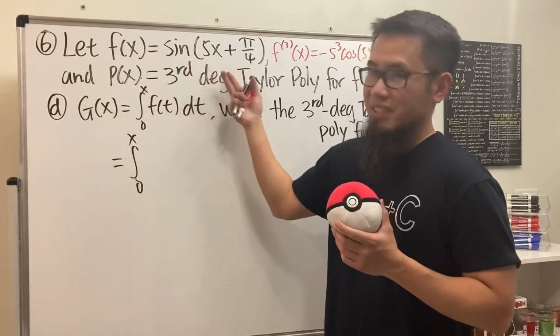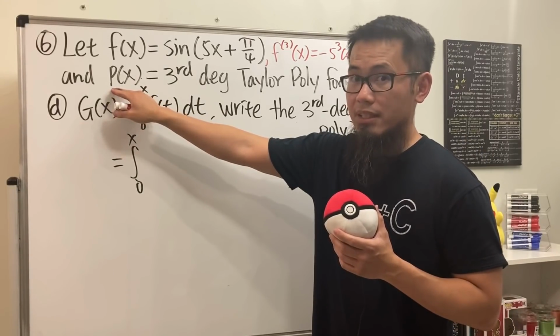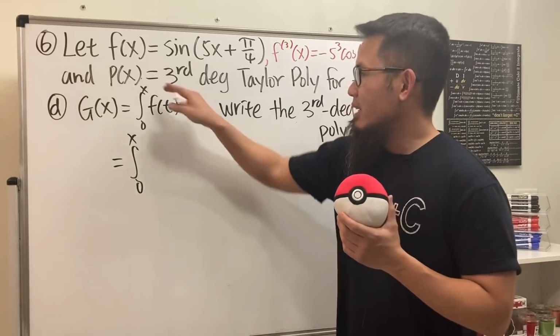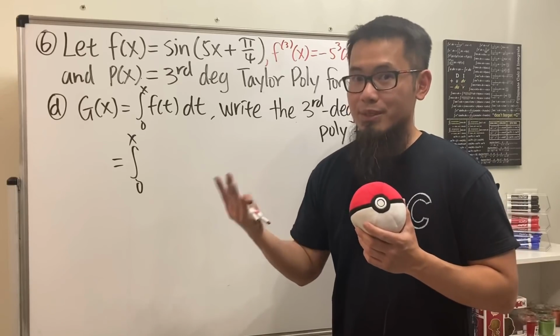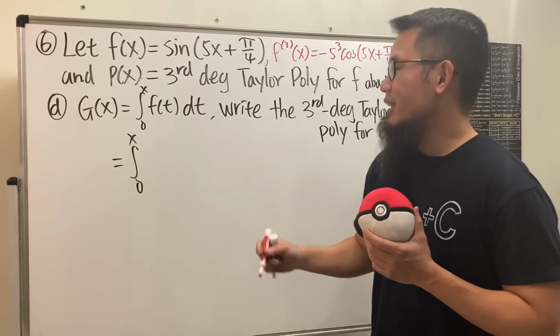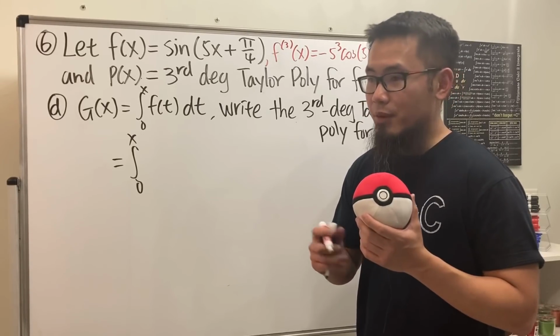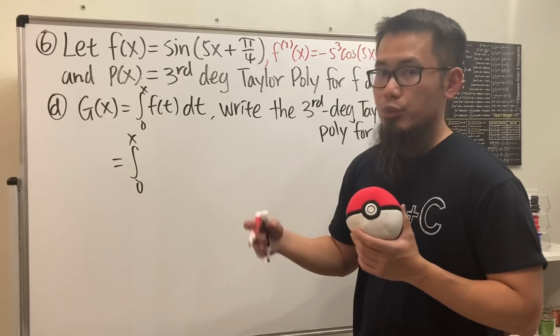Instead of using x, we're using t, that's all. In fact, we did that earlier for p of x, right? But we are not going to write down the whole p of x, because p of x was third degree. If we integrate third degree, we'll end up with fourth degree. That's no good. So just look back to part A, and we're going to write down the first 3 terms up to degree 2.